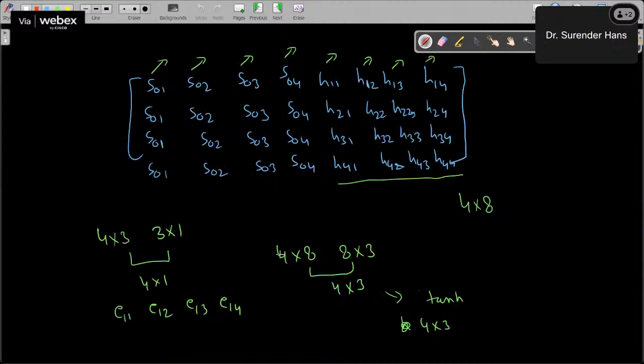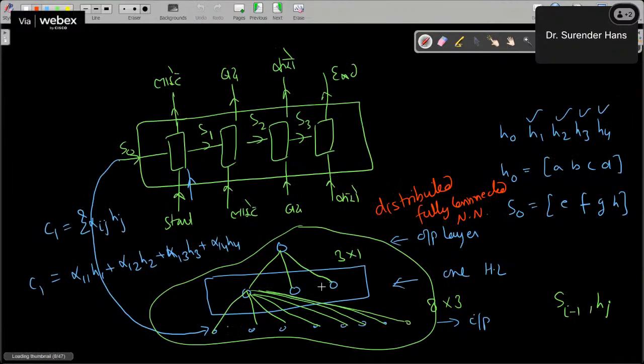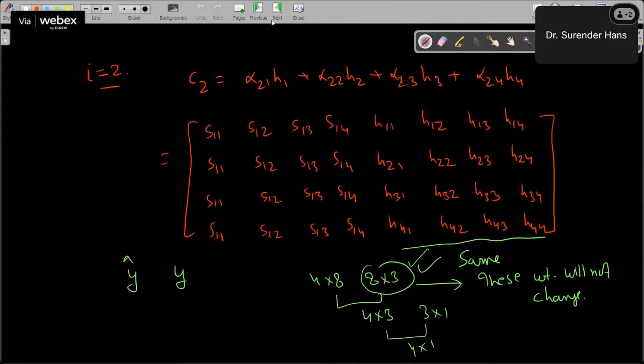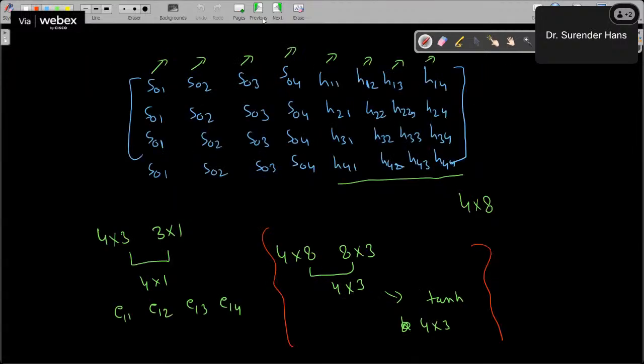Now this is a small calculation, and this 4 cross 1 output is the Eij. Clear? And this Eij is not normalized, so we have to pass this Eij through a softmax function. The sum of all of these will be equal to 1, and that is my alpha.